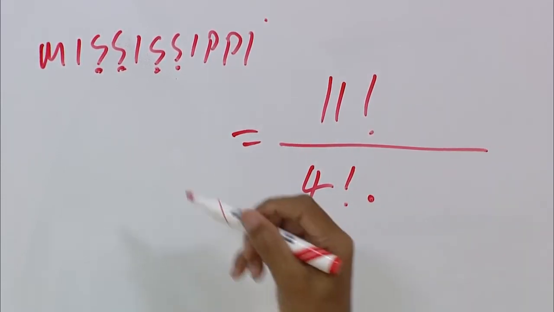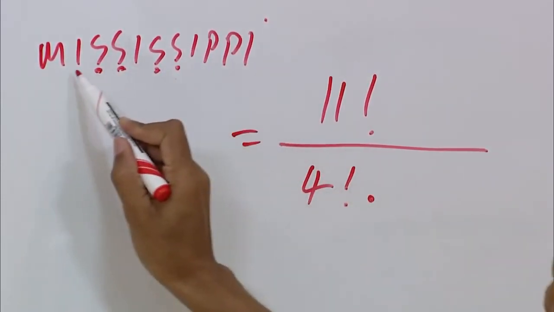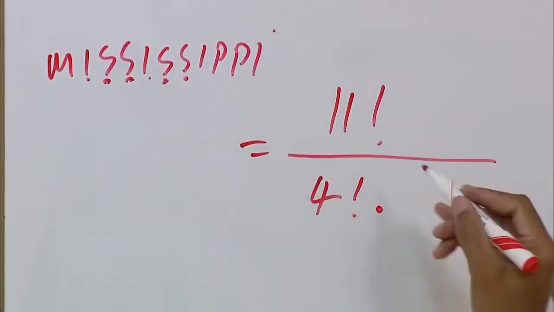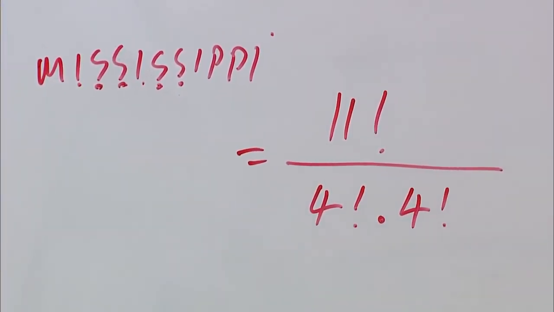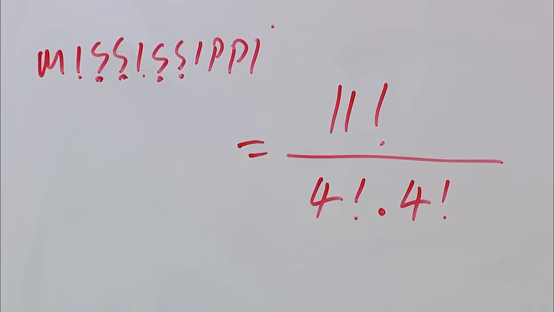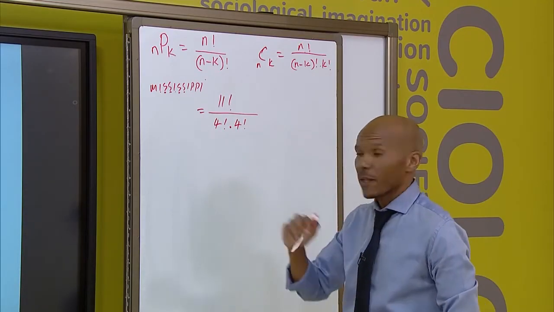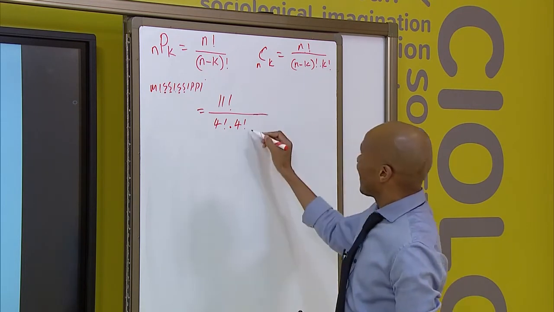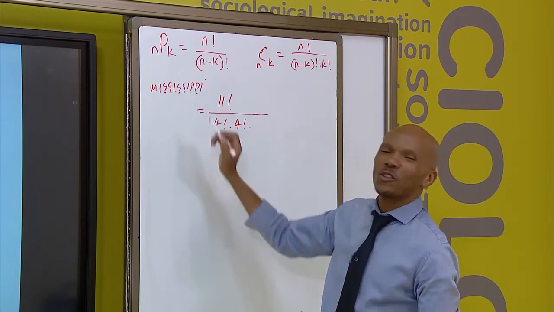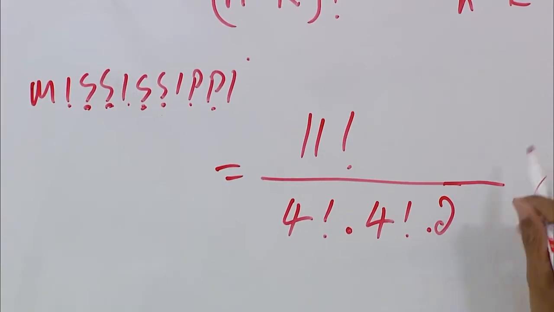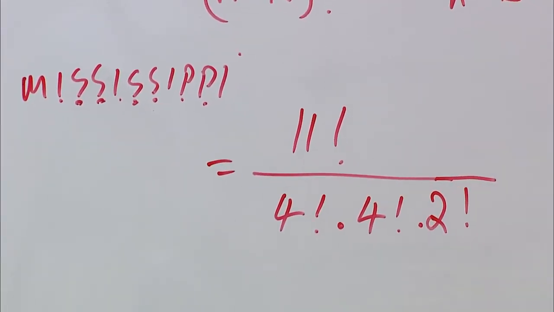But also, how many I's? 1, 2, 3, 4. 4 factorial again, because you want to delete all the ones that are repeating. And you've got 2 P's, so you've got 2 factorial.